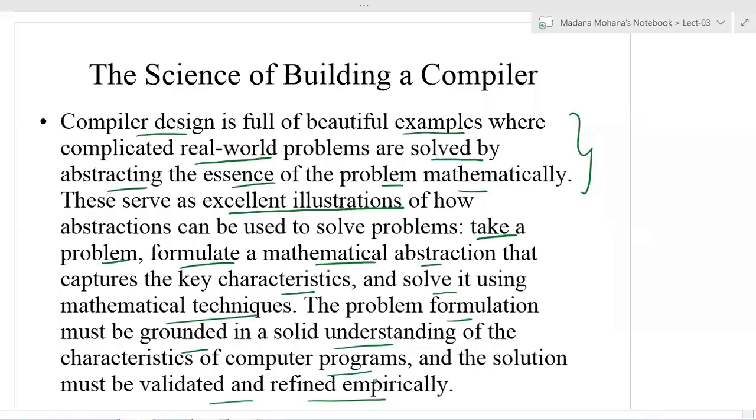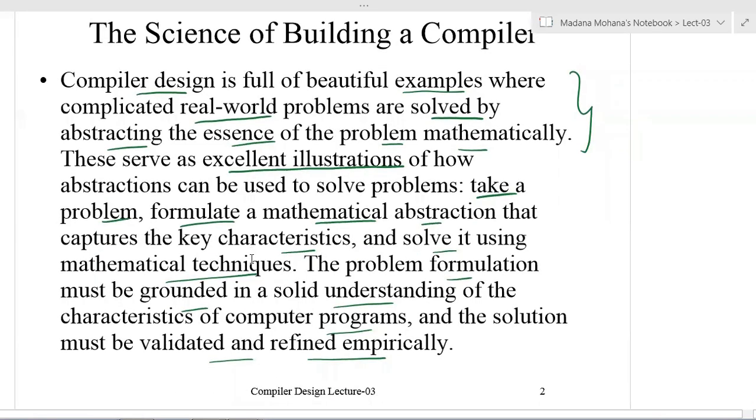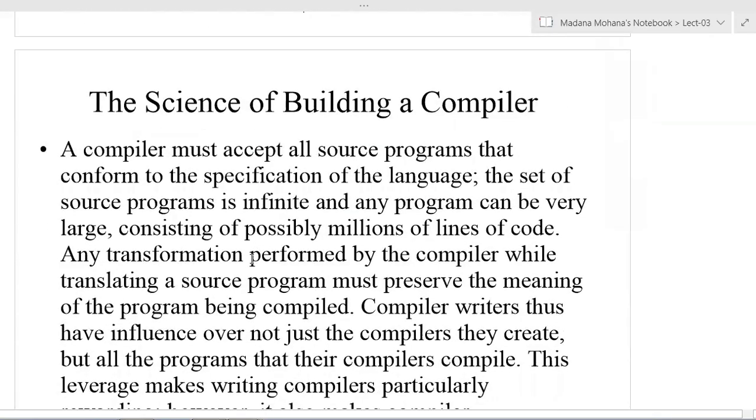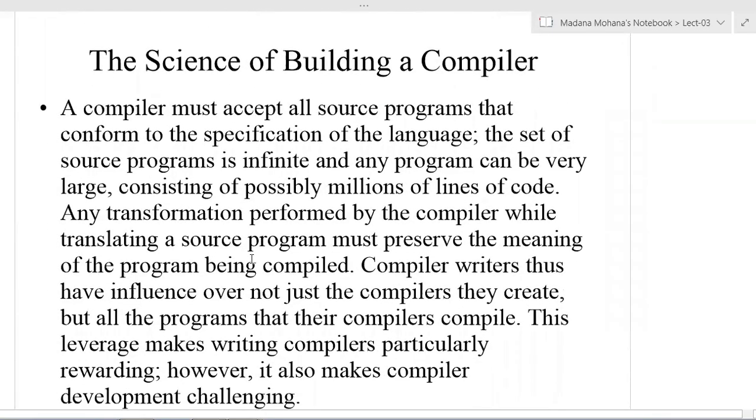So a strong problem formulation is needed for understanding the characteristics of computer programs, and the solution must be validated and refined continuously to preserve the exact meaning whenever you are making any changes.